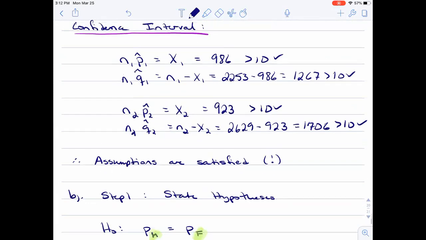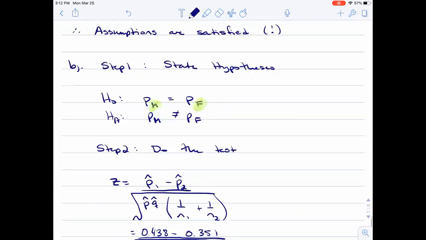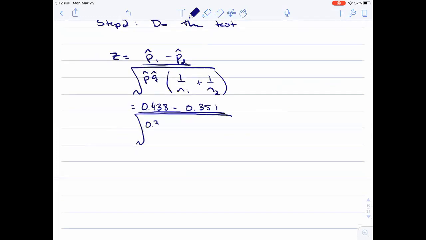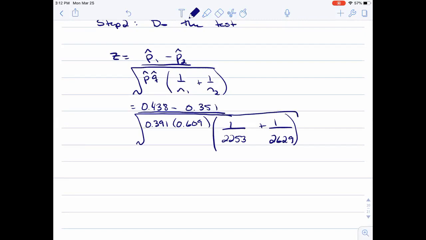Is that our pooled proportion? 0.391 times 1 minus 0.391, 0.609 times 1 over 2253 plus 1 over 2629. Bring my square root over, and my fraction.